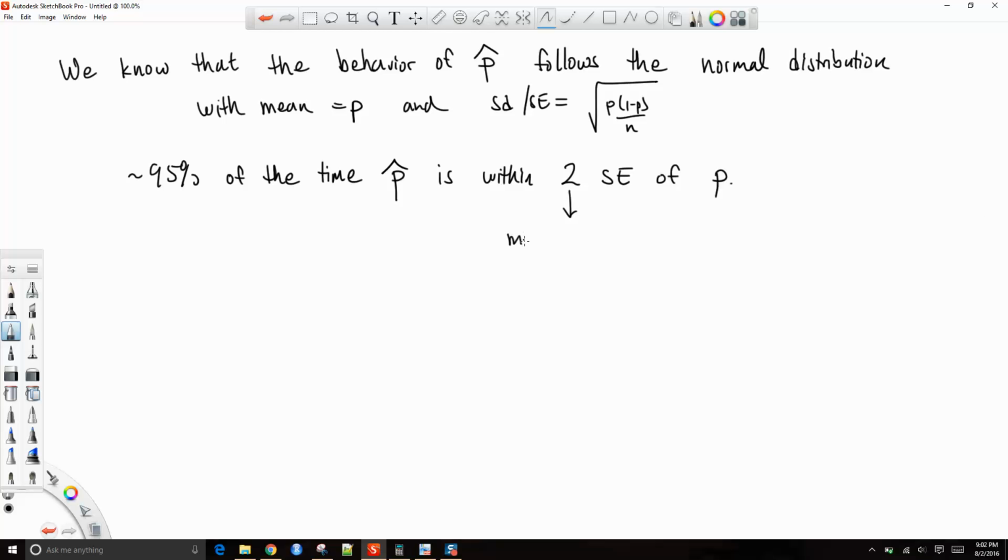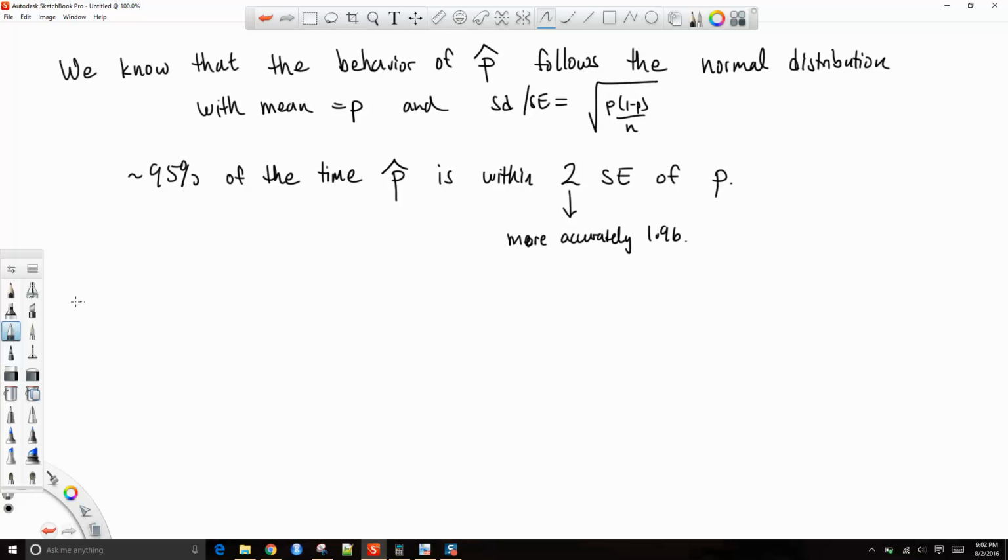More accurately, it's 1.96, but we often use 2 as an approximation. More accurately, it's 95% of the time p hat is within 1.96 standard errors of p.